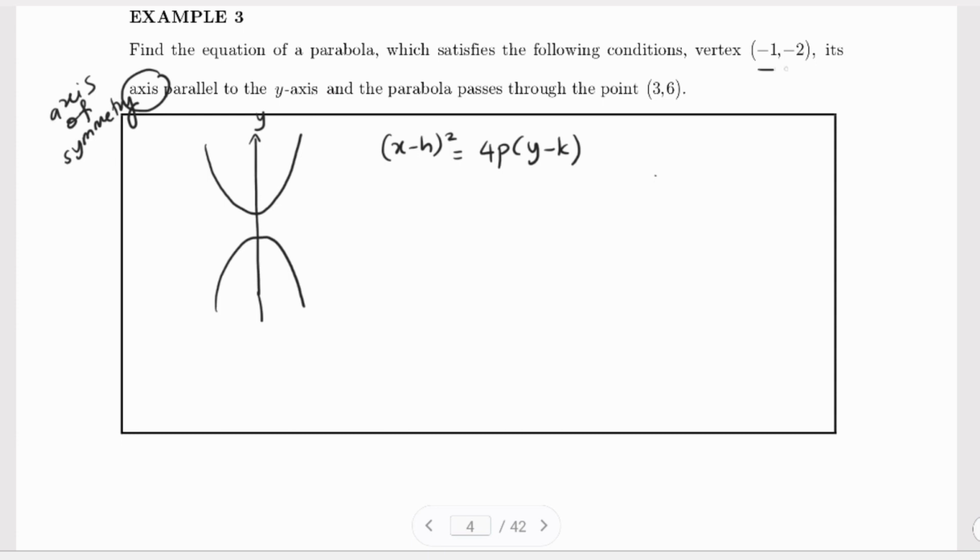Okay, so let's substitute (h, k) to get (x plus 1) squared equals 4p (y plus 2). Now we have to figure out the value of p. We are given the point (3, 6).